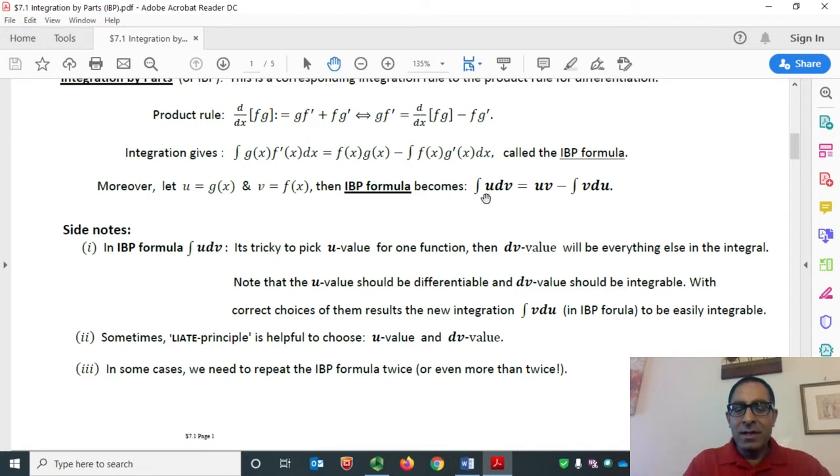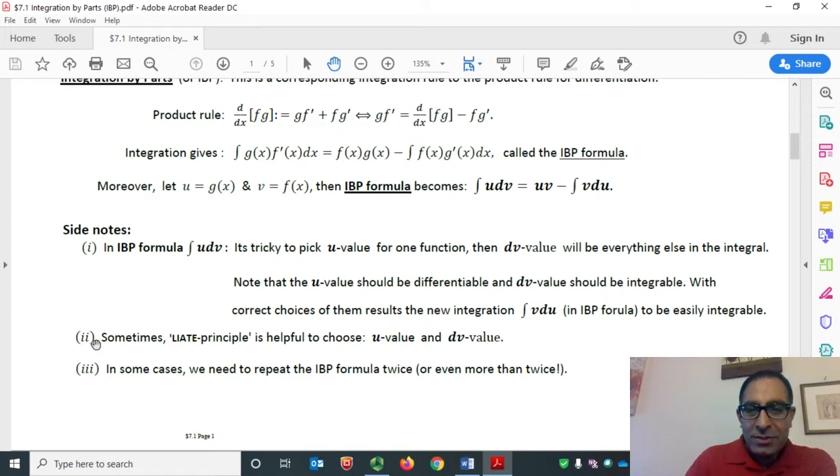So our choice of u should be differentiable and dv should be integrable. With the correct choices of u and dv, the new integral, integral of v du, turns out to be easier to integrate compared to the given integral. I hope this makes sense to you all.